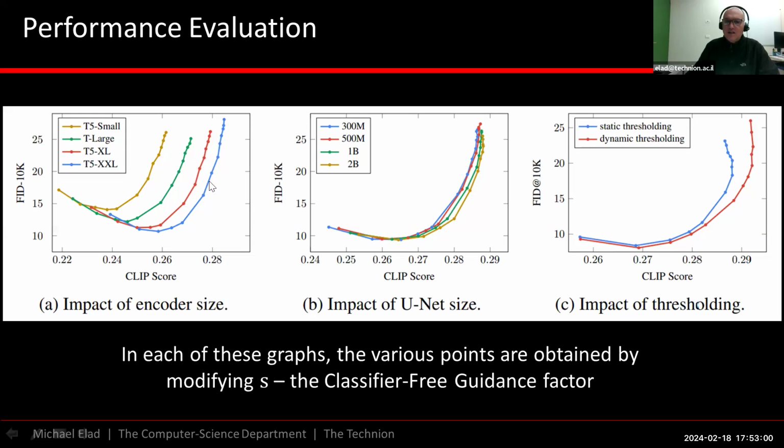So basically here, it's the blue that does the best performance, and it is the T5, the internal model that Google has. CLIP is not even here, but it's eventually what is used. In this case, the UNet, it really doesn't matter. So all sorts of complexities of the network are equally performing, with a slight advantage to the bigger ones. And here the dynamic is performing better, as expected. Okay.